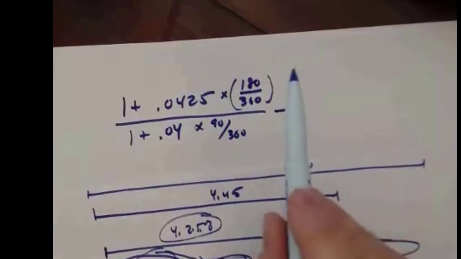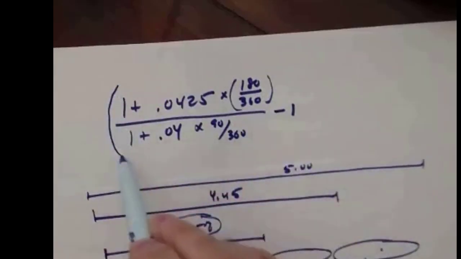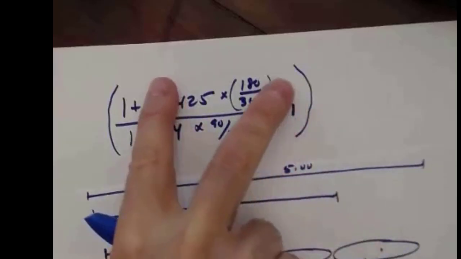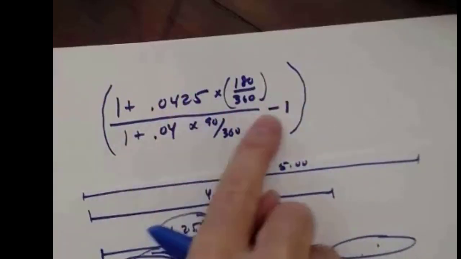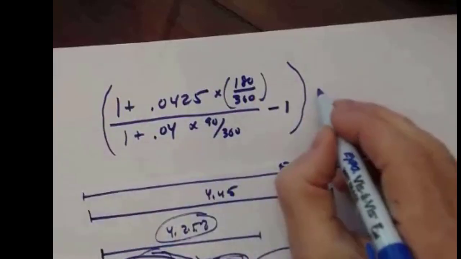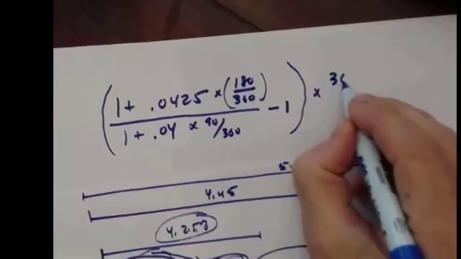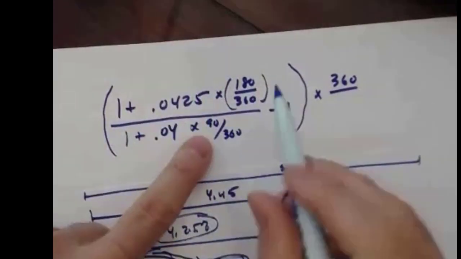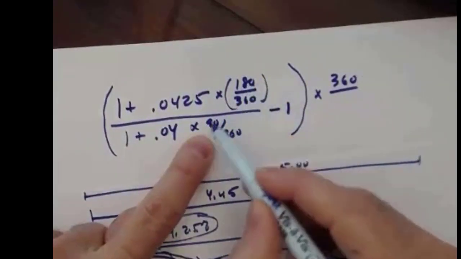Now we get something that we have to readjust to get it on an annual basis. So we get it on a quarterly basis here. We subtract the 1s to get rid of this one here. And then we want to take this quarterly number. So basically, when we have 180 and 90, subtract those two.